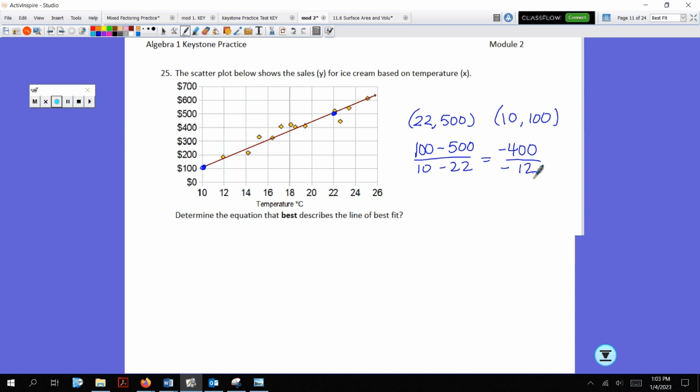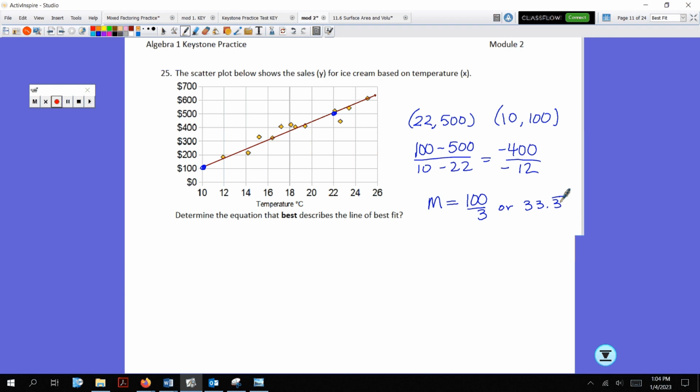Oh boy. 33 and a third. Yeah, 100 over 3. That's a lovely slope. All right, so we're at 33.3 repeating.